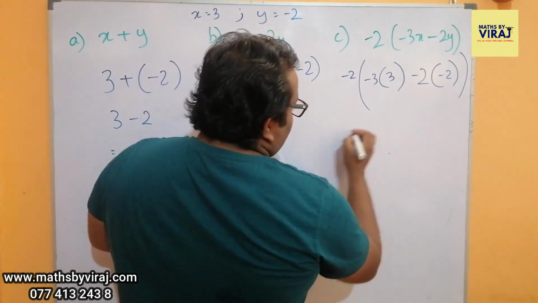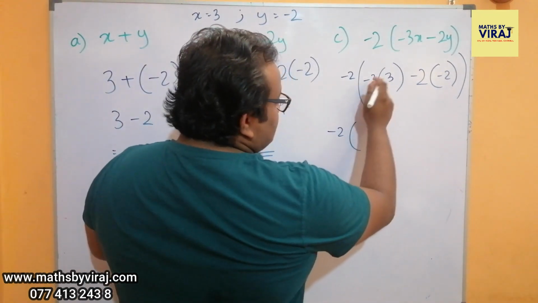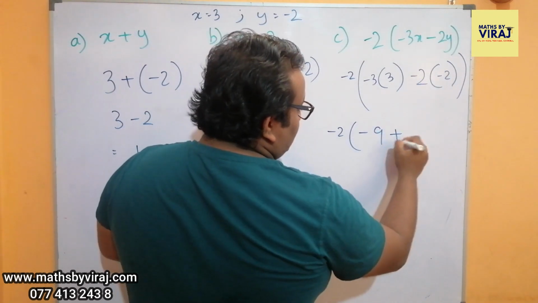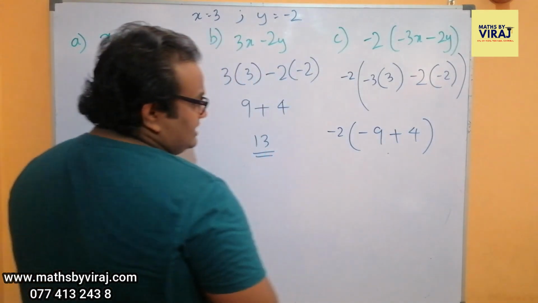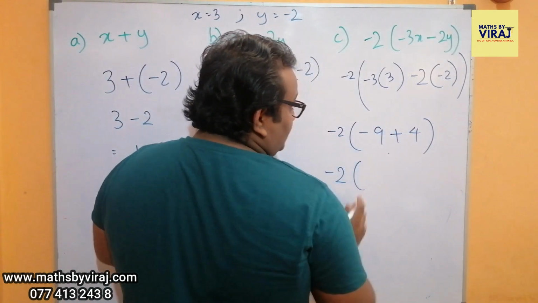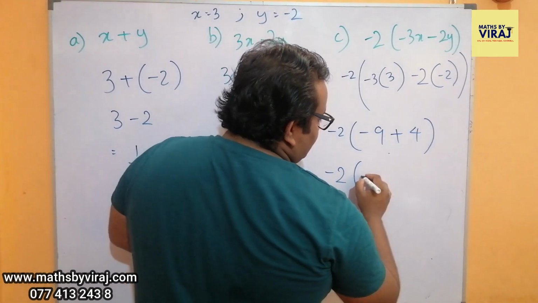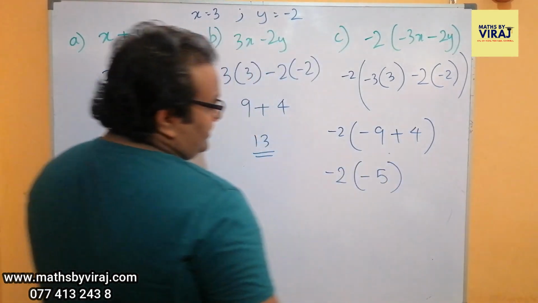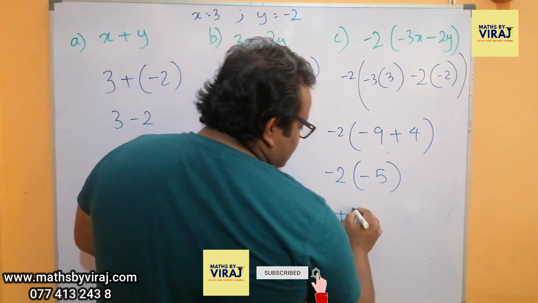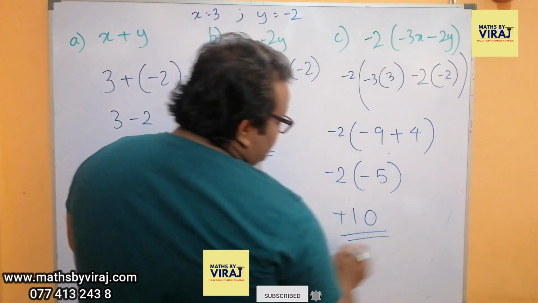Therefore, minus 2 again, minus 3 into 3, minus 9, minus 2 into minus 2, plus 4, close the brackets. Therefore, minus 2, minus 9, plus 4, the answer is minus 5. Minus into minus is plus, 2 into 5 is 10. So the answer is plus 10.